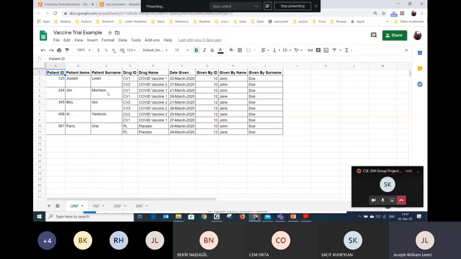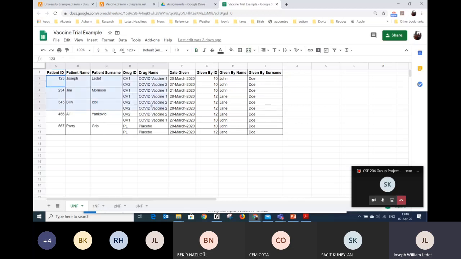Okay, so if we remember from the Monday lesson, we could immediately look at this data set and know that it is not even in first normal form.